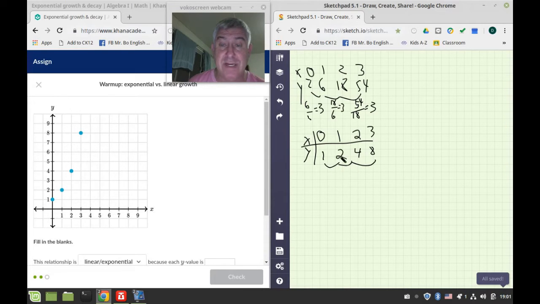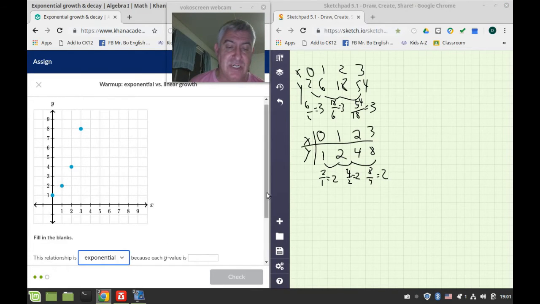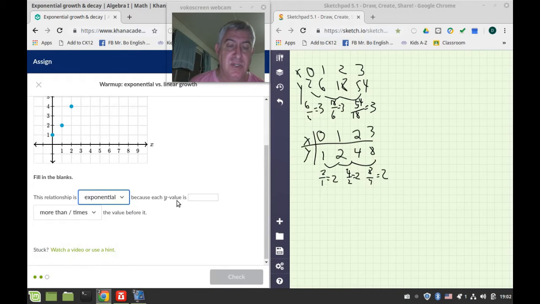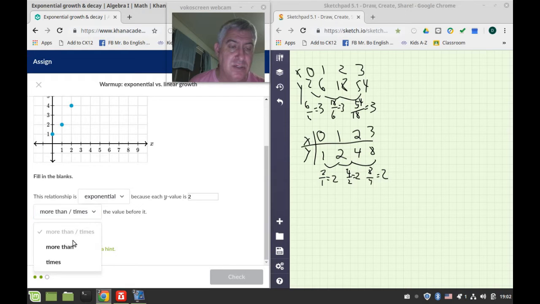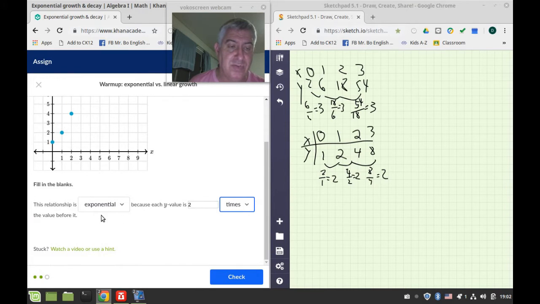And that didn't work, right? It's not the same rate. So let's look at whether we can divide. 2 divided by 1 is equal to 2. And 4 divided by 2 is equal to 2. And 8 divided by 4 is equal to 2. So what does that mean? That means it's an exponential function, because each y value is 2 times the value before it.